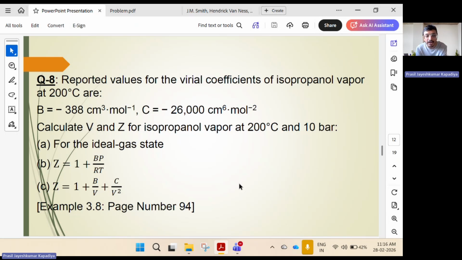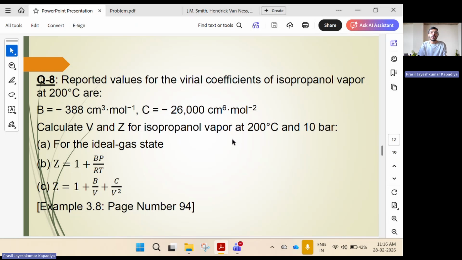The problem statement says that the reported values for the virial coefficients of isopropanol vapor at 200 degrees Celsius are B equal to minus 388 cm cube per mole and C equal to minus 26,000 cm raised to 6 per mole square. We need to find the values of V and Z for isopropanol vapor at 200 degrees Celsius and 10 bar. First we are going to use the ideal gas state.